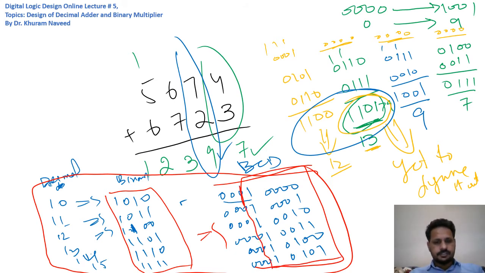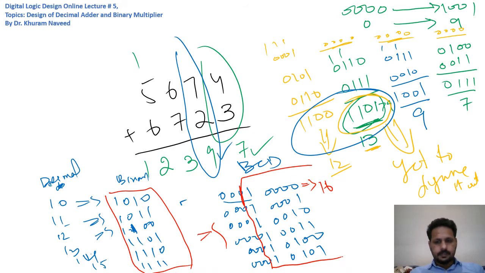we see this is the binary of 16, right? And this is the binary of 17, and this is the binary of 18, 19, 20, 21, right?